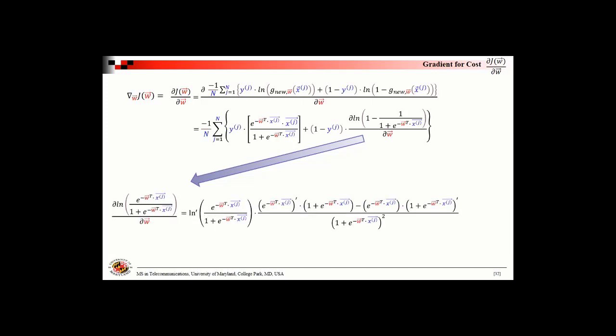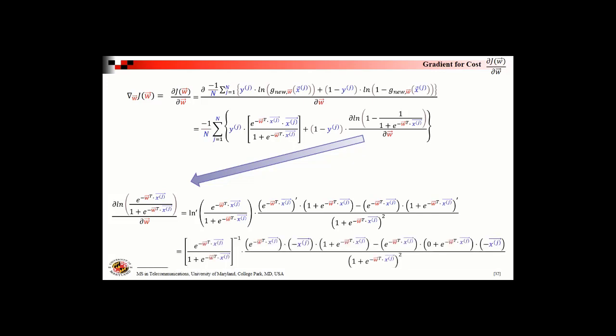What is that? Well, it's the numerator prime times the denominator minus the numerator times the denominator prime, divided by the denominator squared. Now we know that there are other ways to solve this problem, but I'm going through the long and sure path. Now that we know what it's going to look like, let's go term by term.